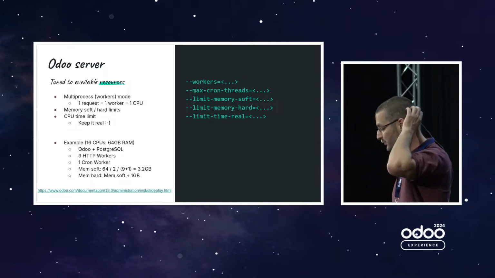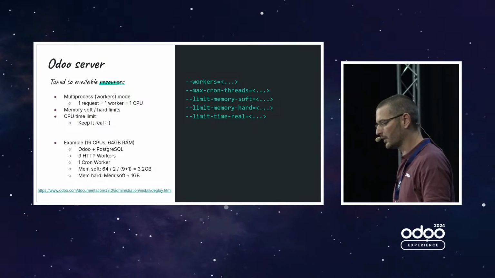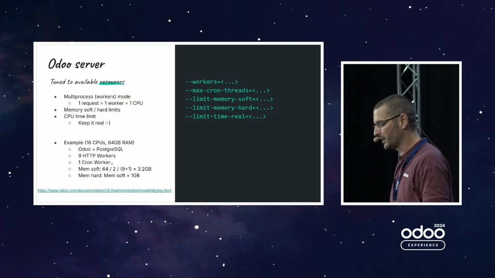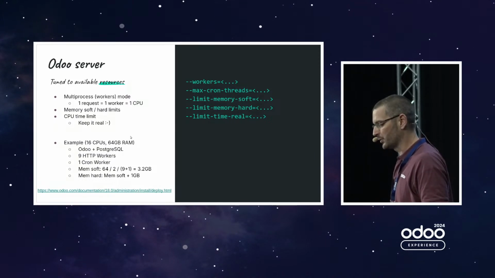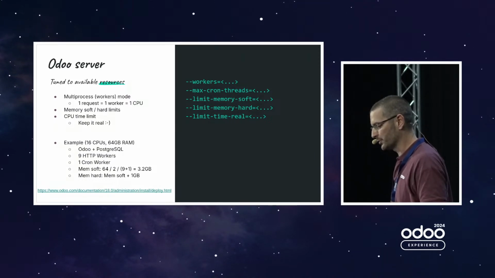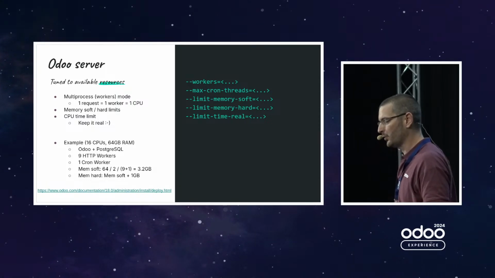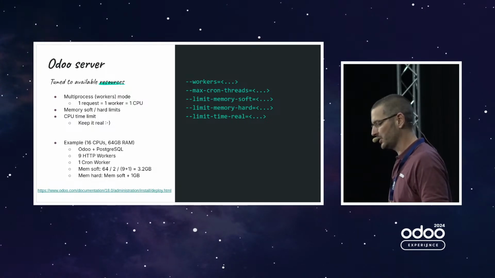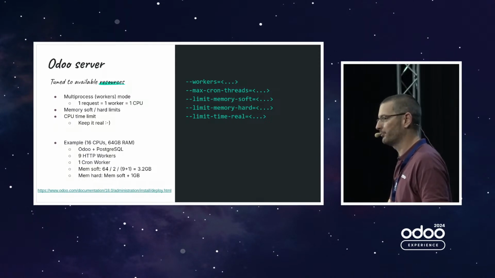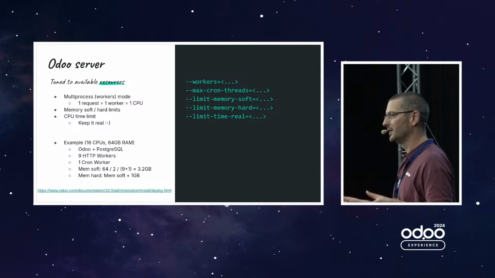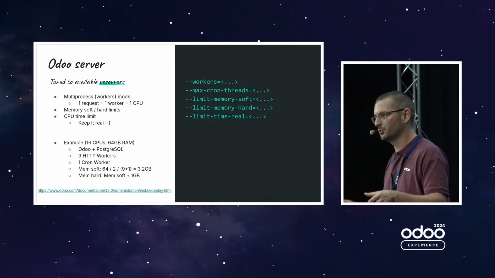So for example, that's what we use here for the SaaS, a typical trial server that we have. We replicate this kind of configuration on our 500 machines. We have Odoo and Postgres on the same machines. We have 9 HTTP workers, 1 cron worker for the scheduled actions, so that makes 10 CPUs, 10 workers dedicated to Odoo.